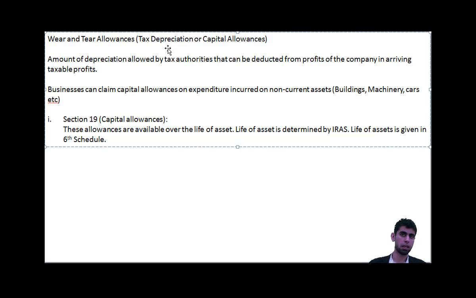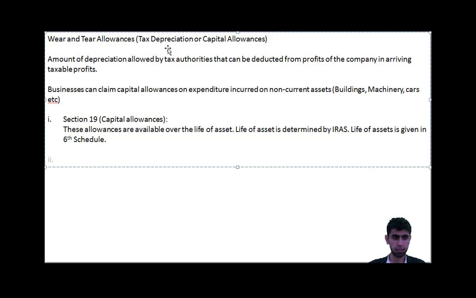For example, the life of motor vehicles is fixed as 6 years. So whenever you want to claim section 19 capital allowances for motor vehicles, for the cars, you consider the life of cars as 6 years. It may actually be more or less than that, but for the purpose of capital allowances, we are going to fix it at 6 years.